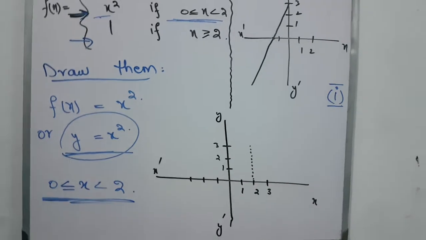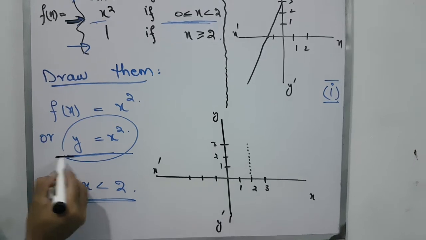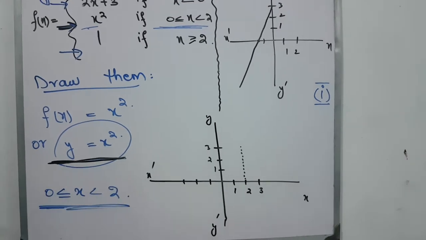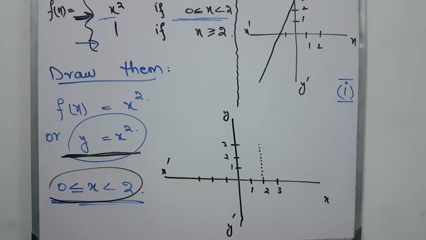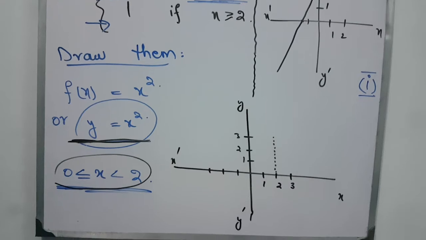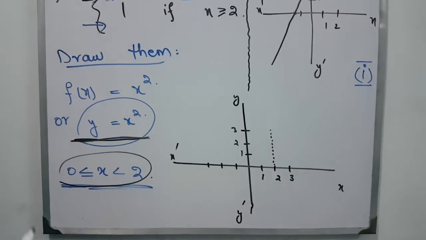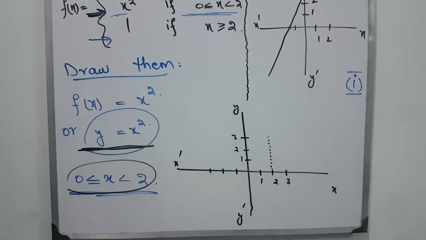Now I told you that the graph of this equation is along the positive y-axis, but you have to consider this condition. This condition limits our graph, so that x is always greater than or equal to 0 but less than 2, not equal to 2.